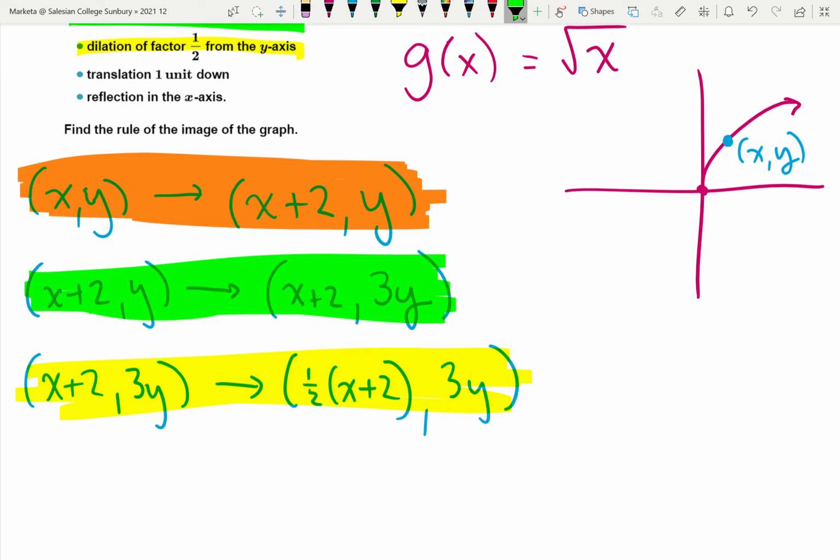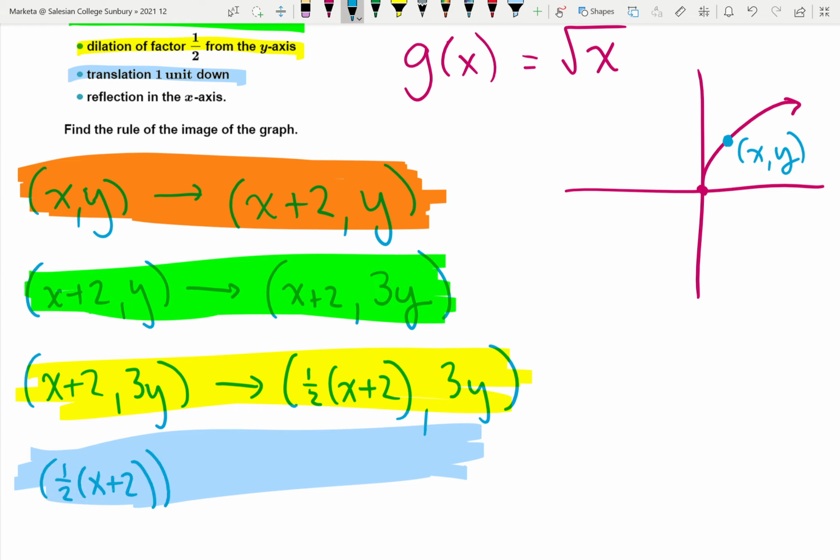Let's get a new colour. Translation 1 unit down. So 1 unit down, this is a translation. It means it affects the same. So down will affect the y values. So we take half (x plus 2), comma 3y minus 1.